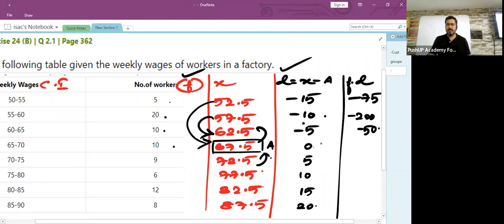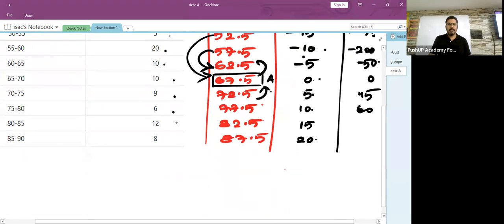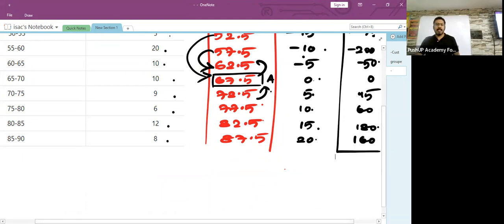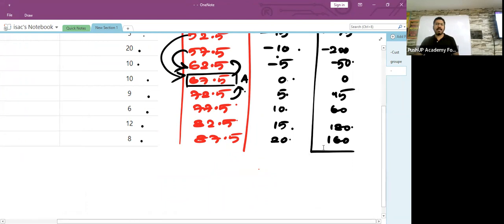Then 10 into 0 is 0. 9 into 5 is 45. 6 into 10 is 60. Then 12 into 15 is 180. 8 into 20 is 160. Makes sense, children?